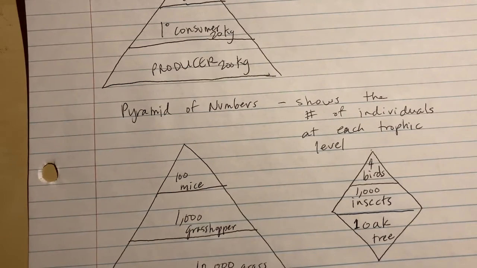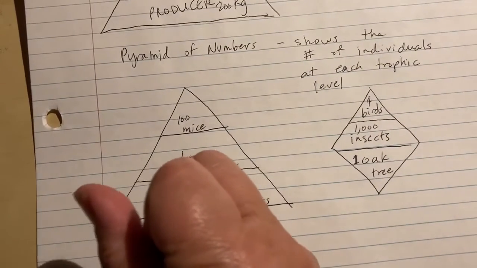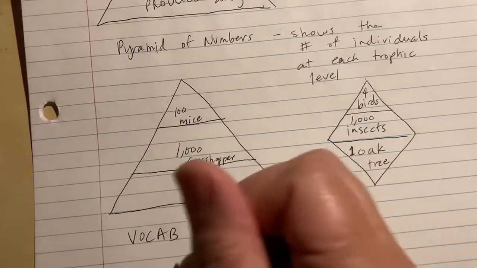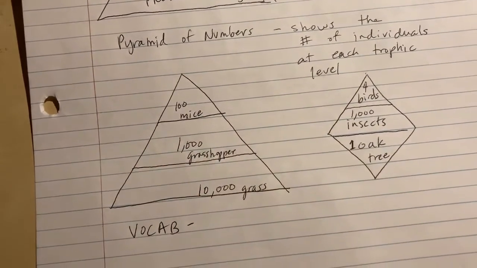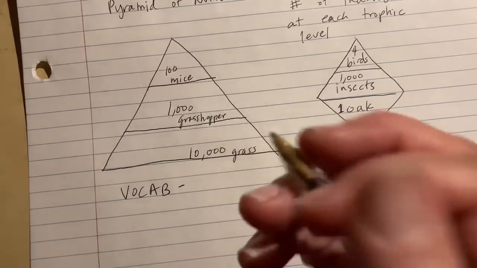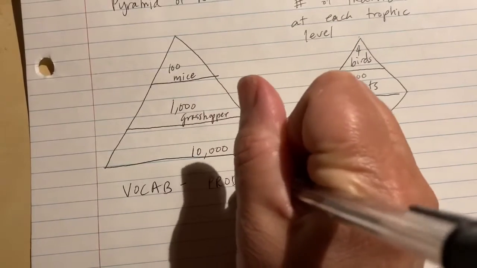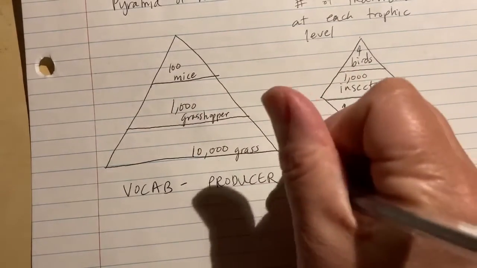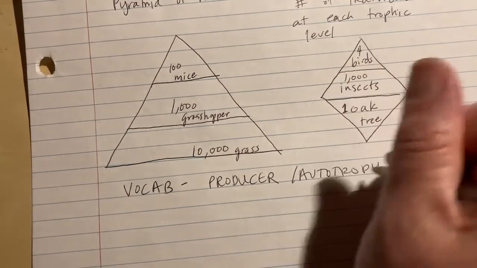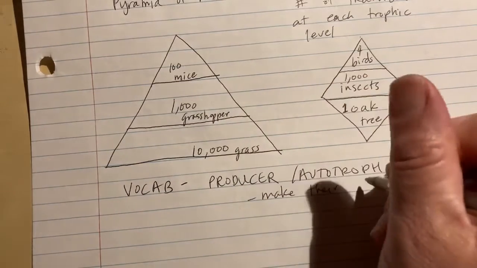And the other thing that you might want to add to your notebook is vocab. The vocab that we have for this unit or topic about energy flow, we have the whole idea of a producer, or an autotroph, and these make their own food with photosynthesis.